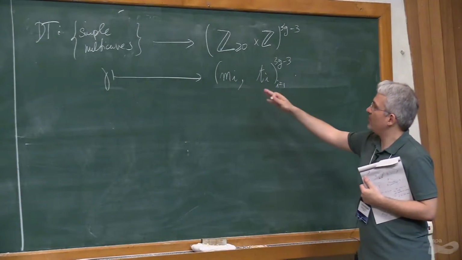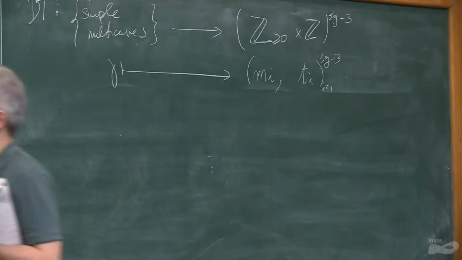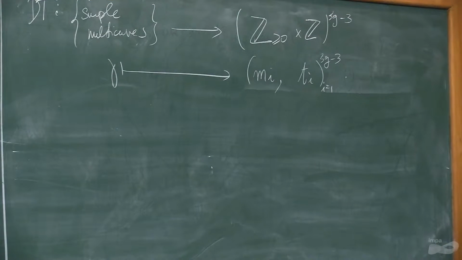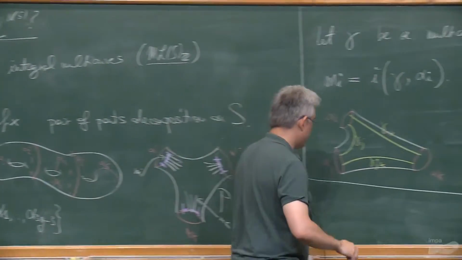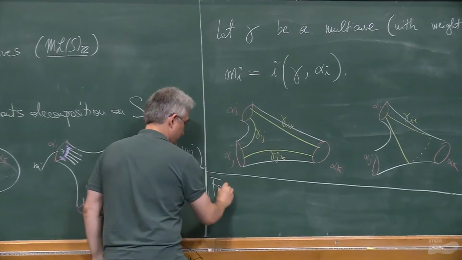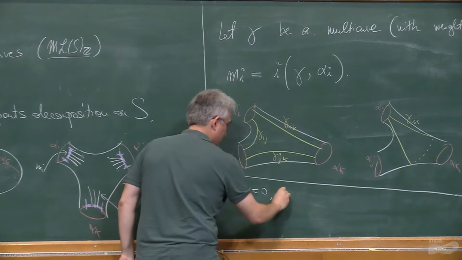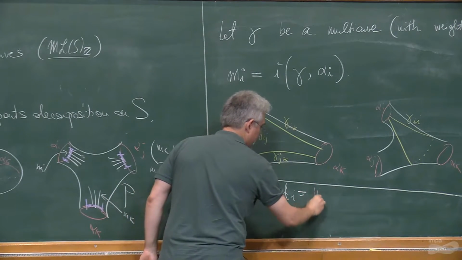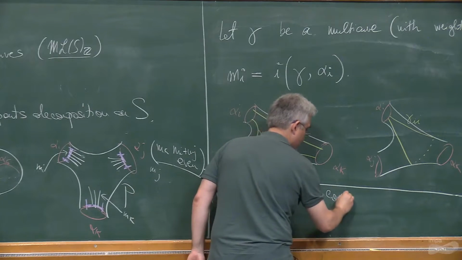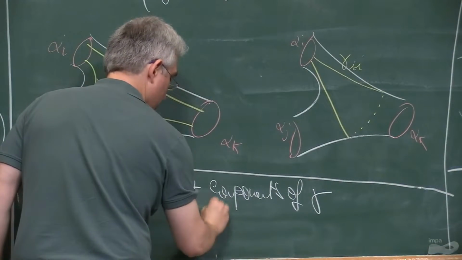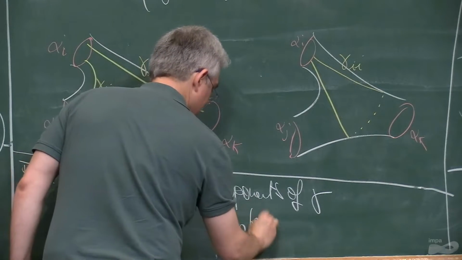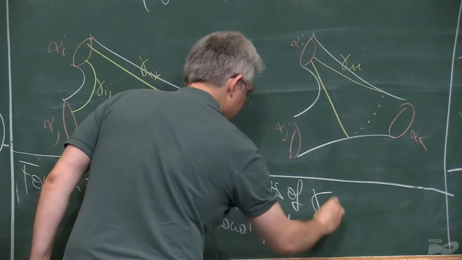Okay, so the image is just dictated by this condition, that the sum must be even, and that if mi is equal to 0, tau i is just the number of components of gamma homotopic to alpha i.